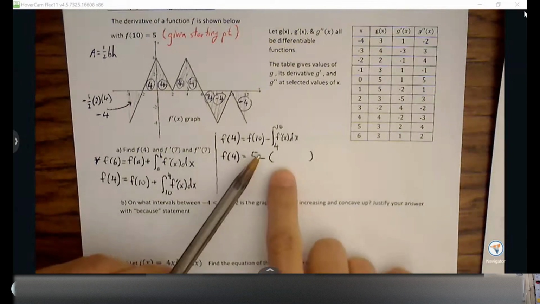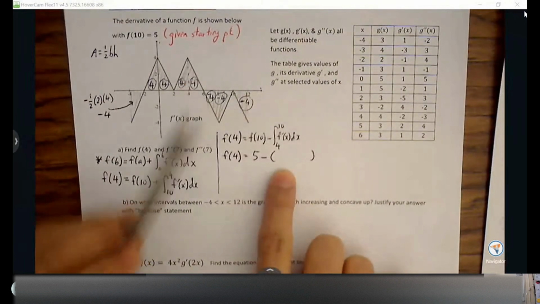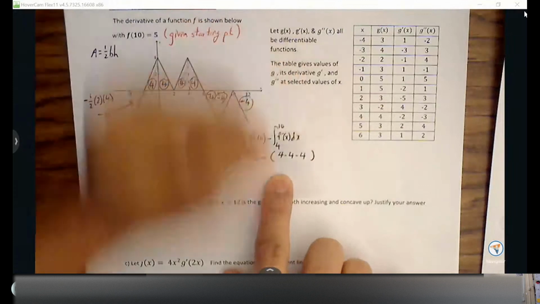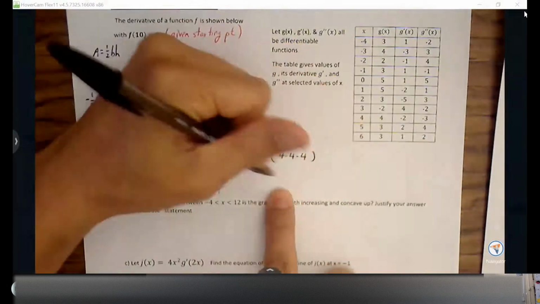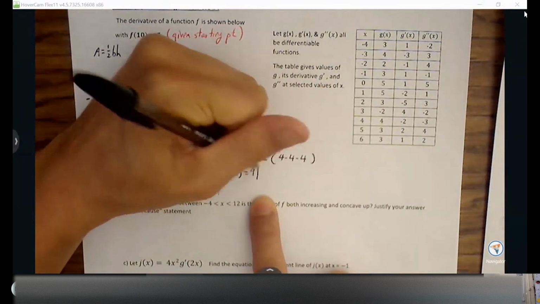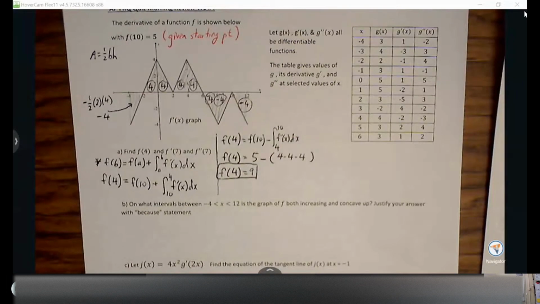Let's see. I'm sorry, we don't have this last one here. So it's just going to be 4 minus 4 minus 4. Right, these cancel out here. I have 2 negatives. So 5 minus -4, that's equal to 9. Okay, next up.